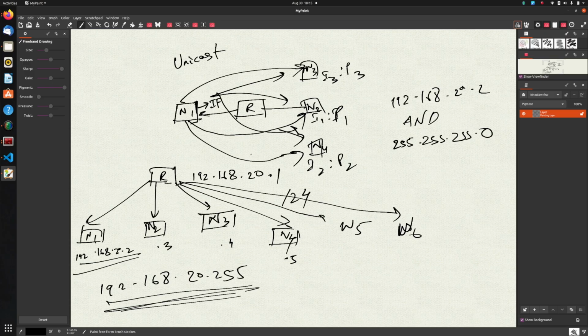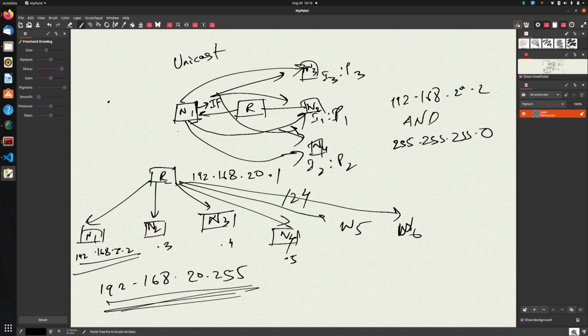A couple of use cases that UDP broadcast won't solve: what if N1, the node which is transmitting the message, doesn't want the message to be transmitted to all the host IPs present in the network? Let's say N1 wants to send that datagram to only N2 and N3, but not N4, N5 and N6. What would N1 do then?